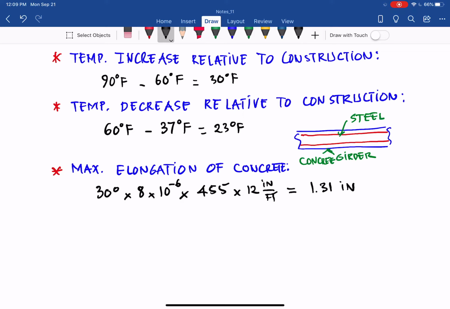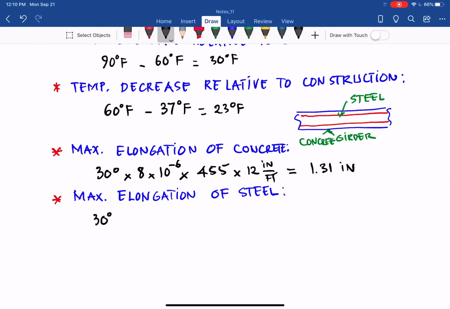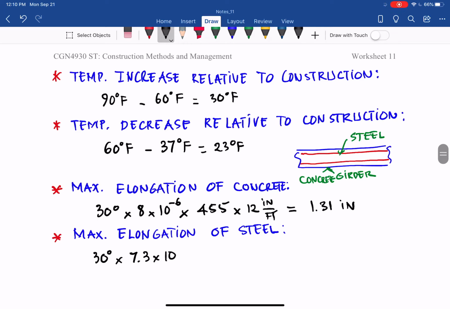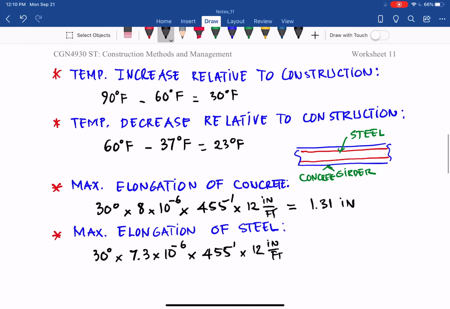And of course, with that temperature increase, we can find out the maximum elongation of steel. You can do the same: 30 degrees times 7.3 times 10 power negative 6, times 455 feet for the girder length, times 12 inch over feet for the unit conversion, and from that we get 1.2 inch.